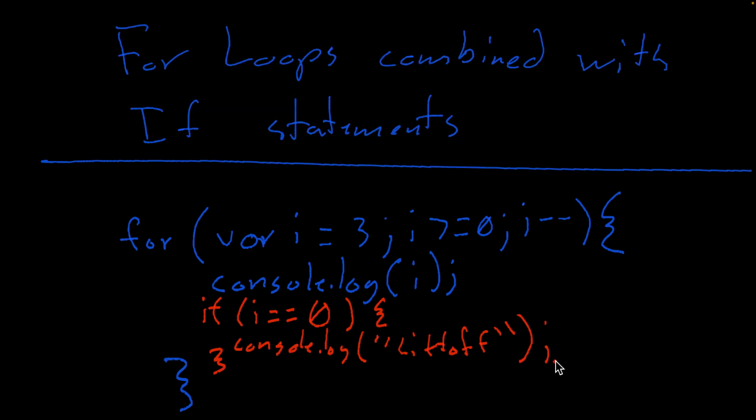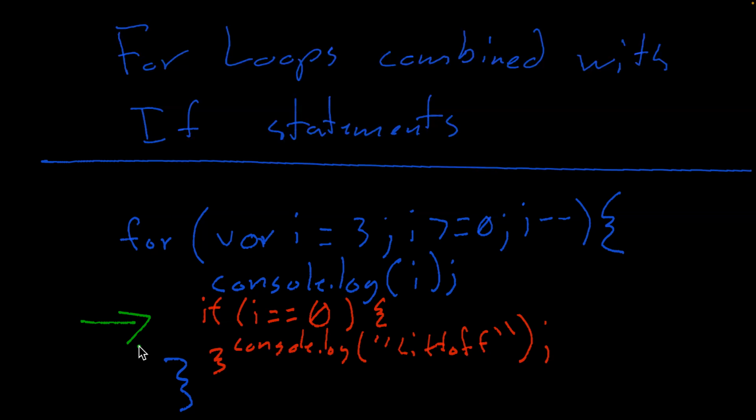So now we're able to iterate from a high number to a low number. And we can make a condition here that says if I reaches a certain value, I want you to do a specific thing at that value.